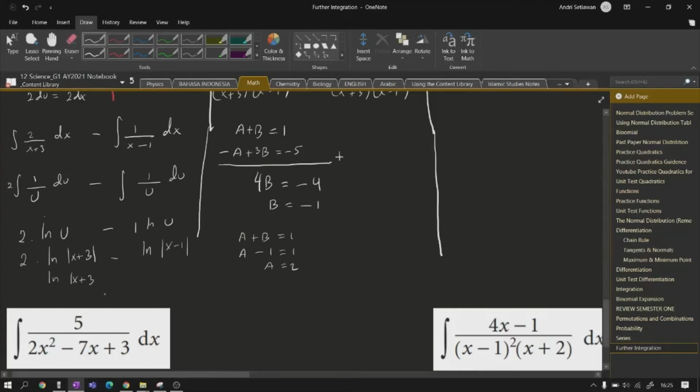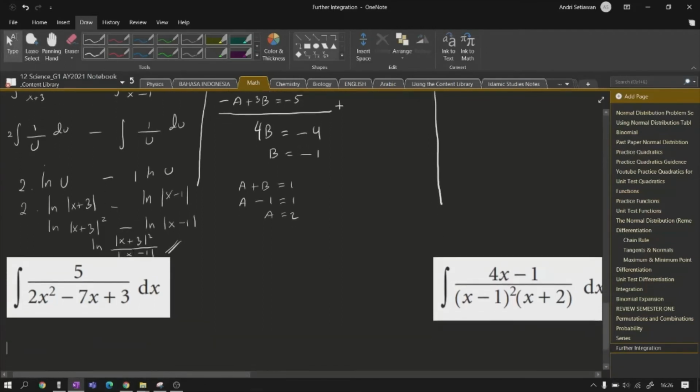When the coefficient moves inside, it becomes the power, minus ln of x minus 1. For the final answer, you can combine ln minus ln into ln of x plus 3 to the power 2 divided by x minus 1. This is the final answer for the first example.